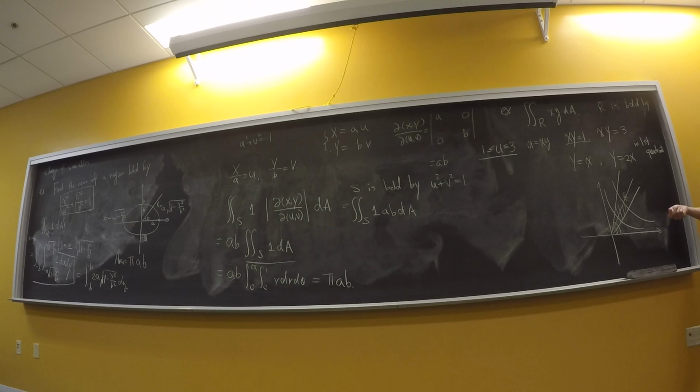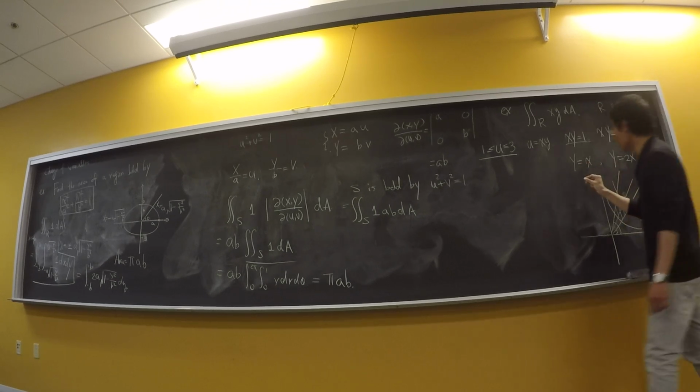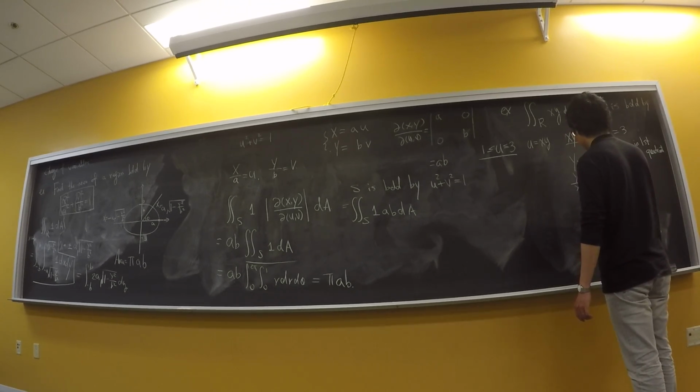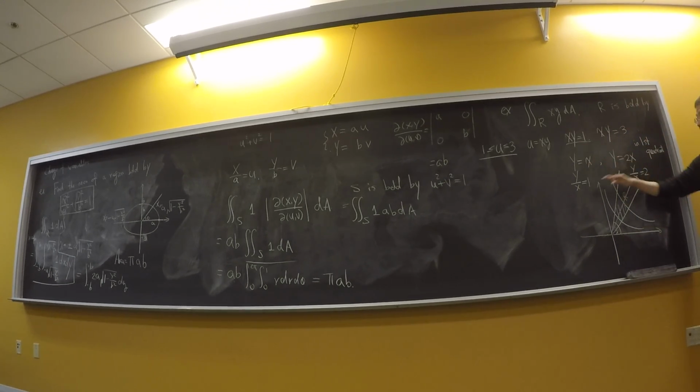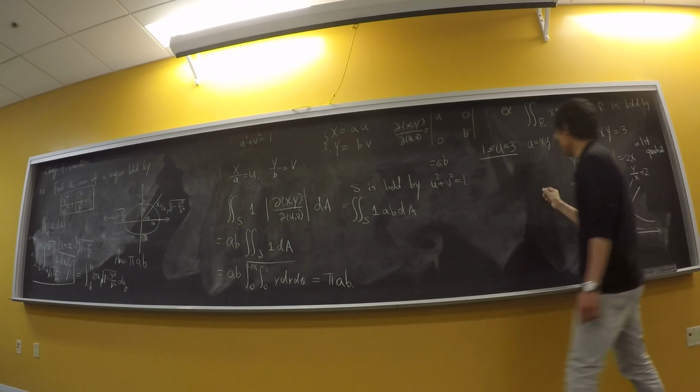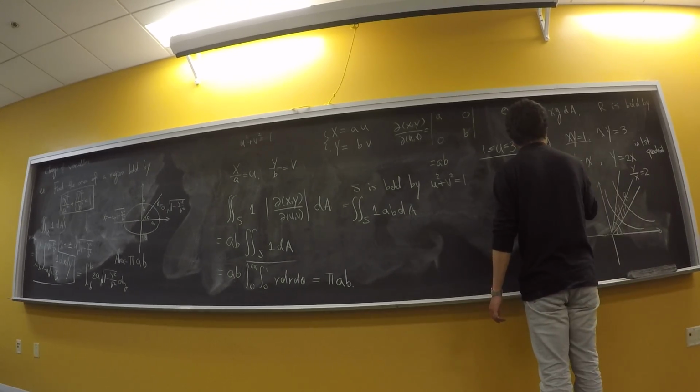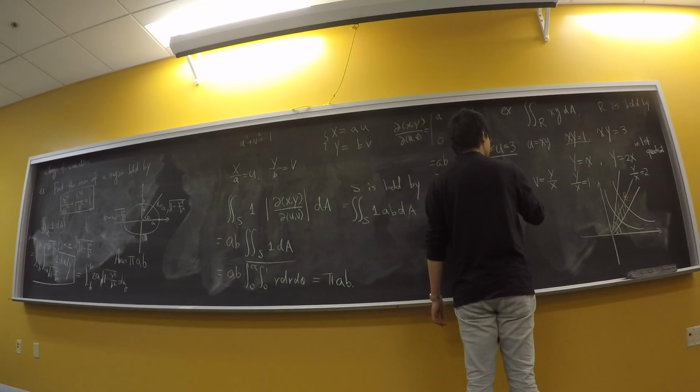The slope is y divided by x. So this equation is equivalent to y divided by x equal to 1, and this equation is y divided by x equal to 2. I just modify these two equations slightly, and that becomes clear. v has to be y divided by x. So v will be bounded between 1 and 2.